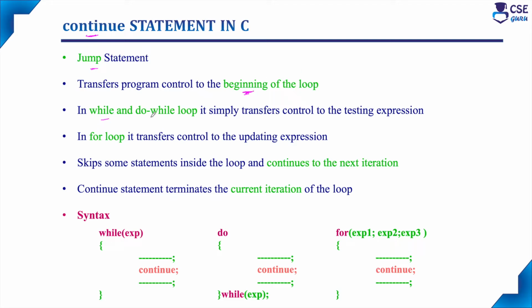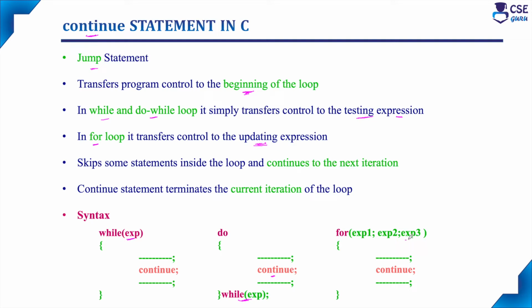In while and do while loops, if you are using this continue statement, it simply transfers control to the test expression. So the test expression is this one. If you are using continue here, the control will be transferred to the test expression, and in the while loop also, control will be transferred to the test expression. But in a for loop, it transfers control to the update expression.